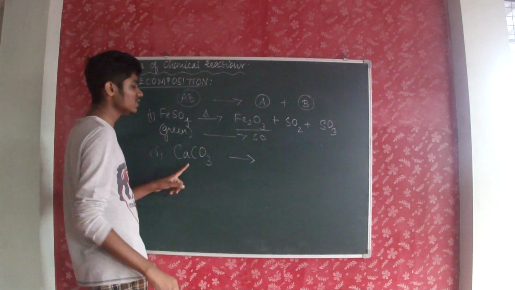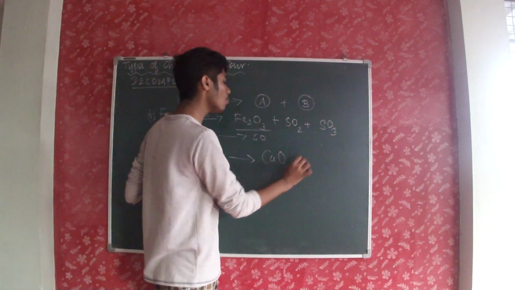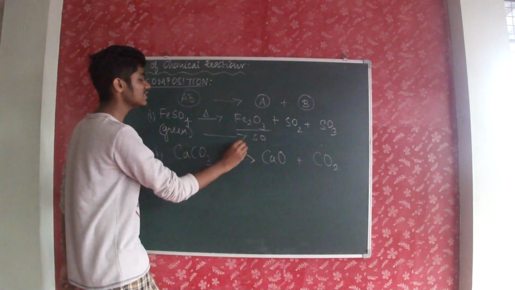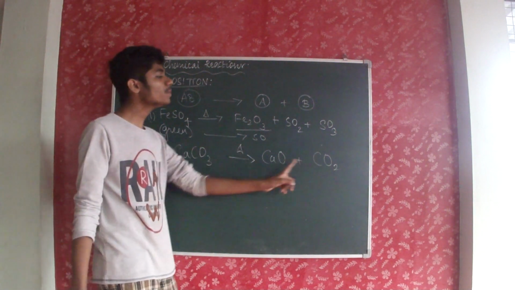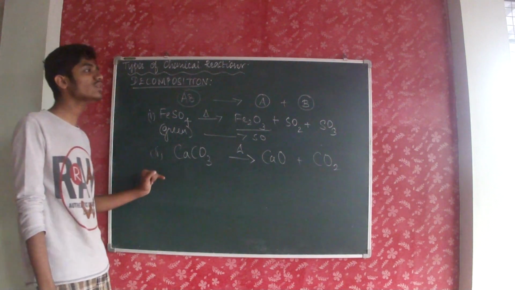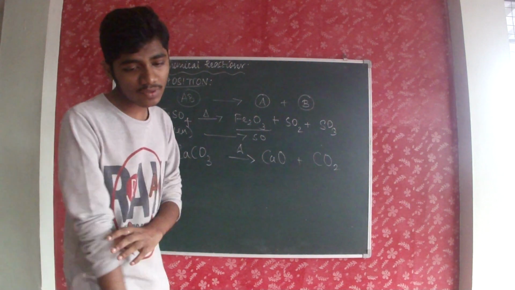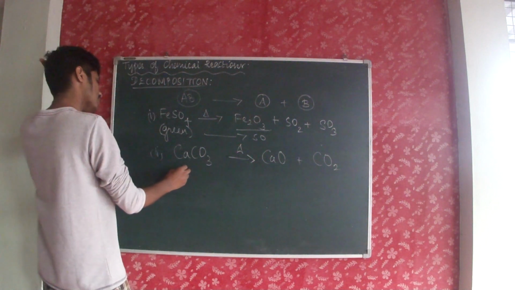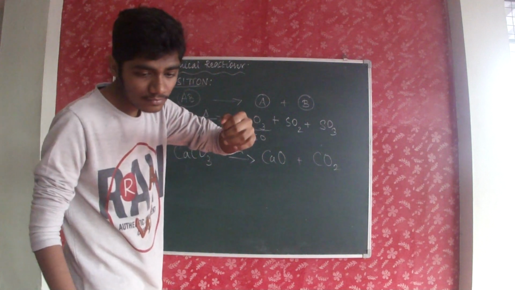Just now we learned about this. It decomposes to give CaO plus CO2. That is, calcium carbonate decomposes when we heat. It gives CaO plus CO2. This is yet another example for decomposition reaction. So these are the two examples for decomposition reaction which we must keep in our mind. Also you know that this is limestone.